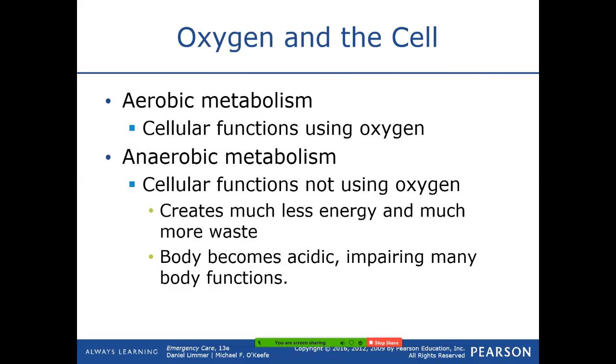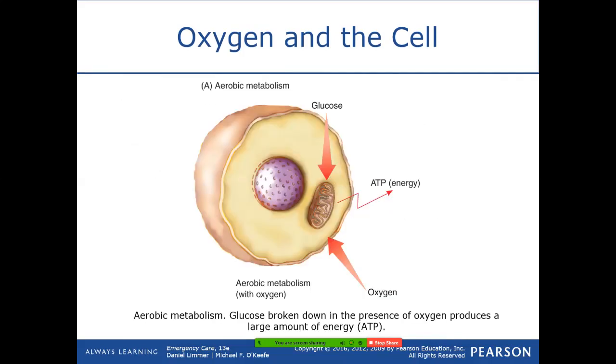All right, oxygen. There's two types of metabolism. Aerobic metabolism uses oxygen, and anaerobic metabolism does not use oxygen. But when it doesn't use oxygen, it creates a lot less energy, more waste, and the body can become acidic and impair body functions.